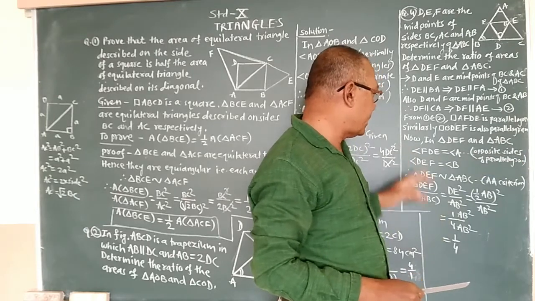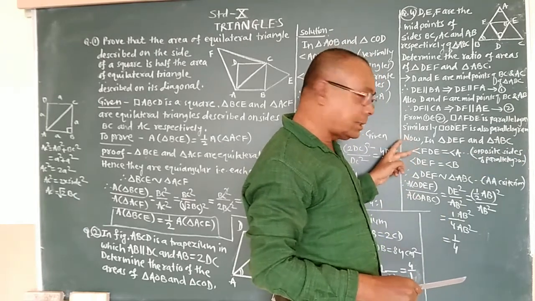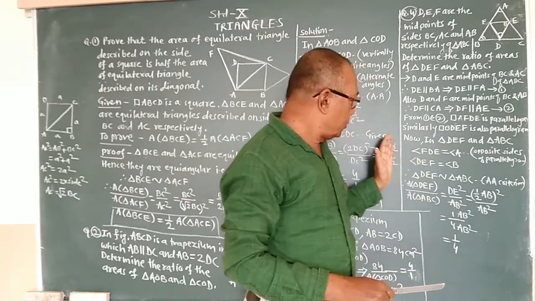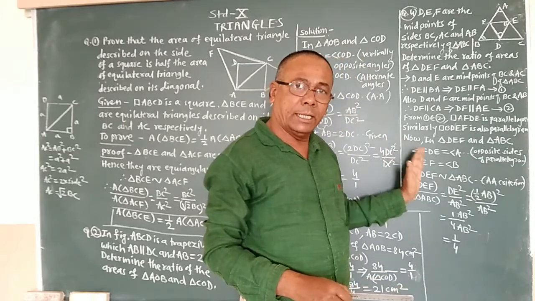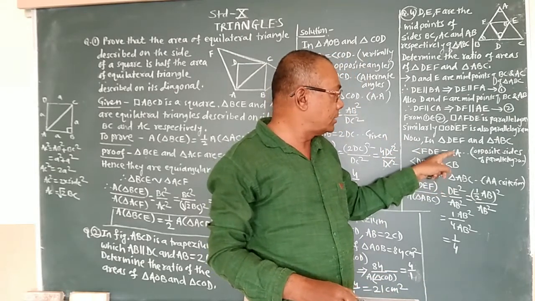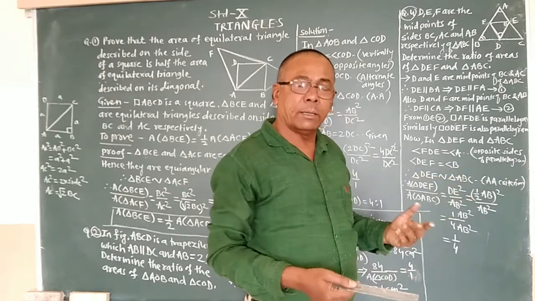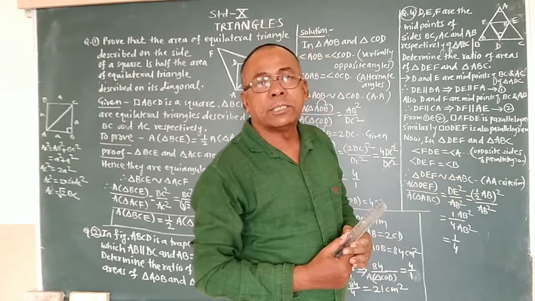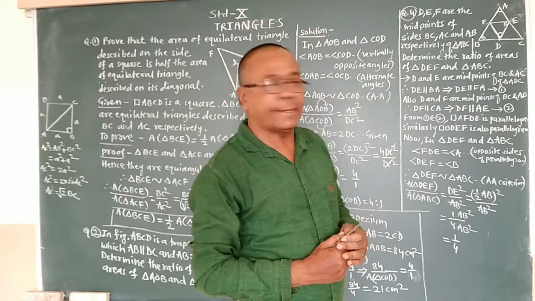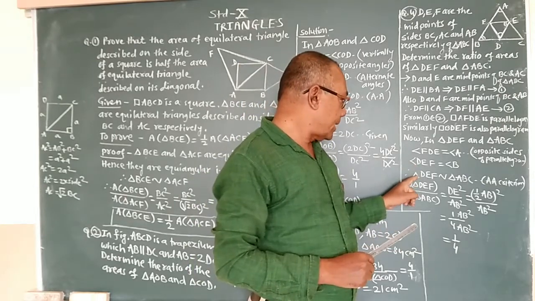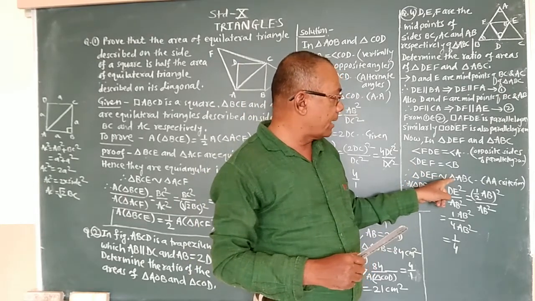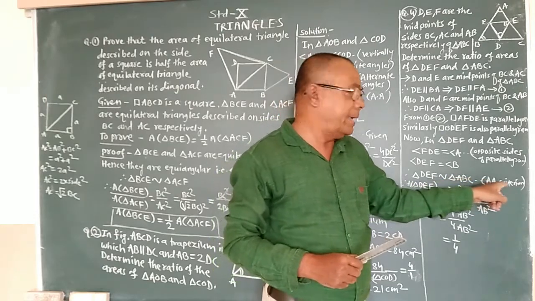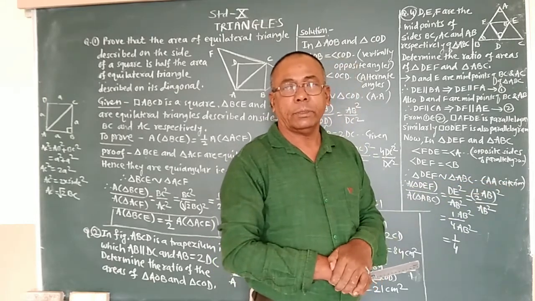If two angles of one triangle are equal to the corresponding two angles of another triangle, then both triangles are similar according to the AA criterion, and therefore triangle DEF is similar to triangle ABC by AA criterion.